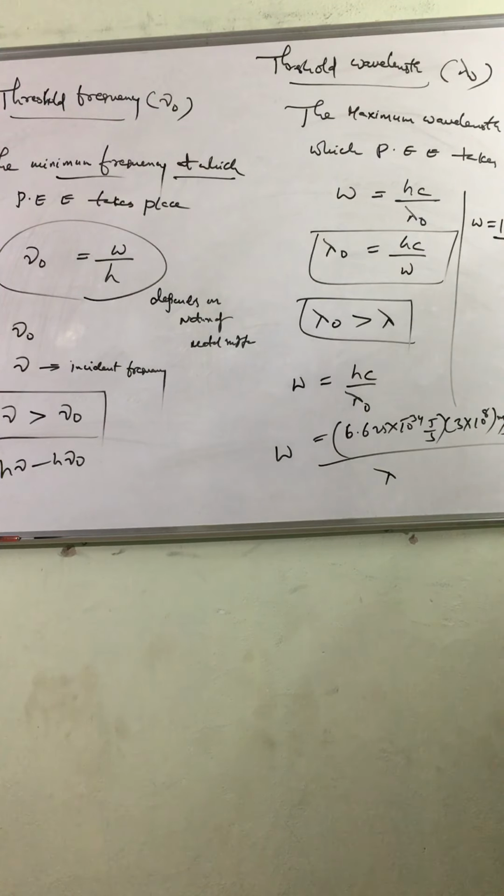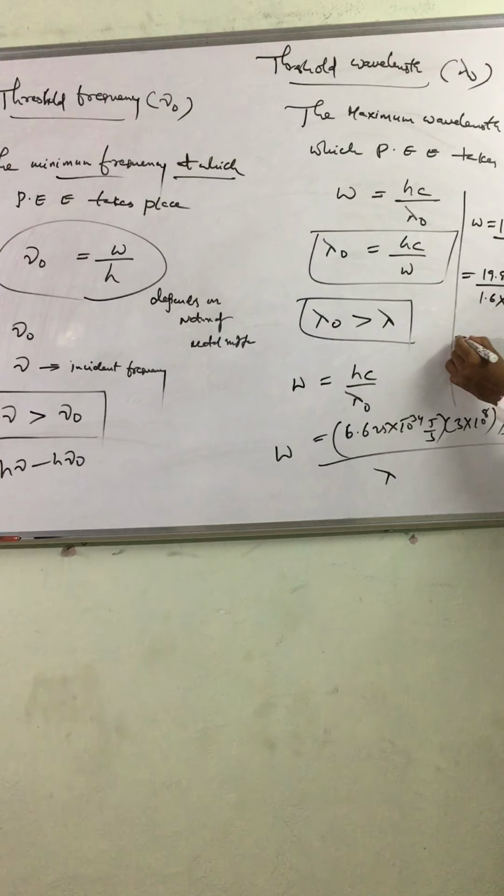We can write it in electron volt: 19.8 into 10 to the power of minus 26 divided by 1.6 into 10 to the power of minus 19. Up till now this is joule; it is in electron volt. This is 12.4 into 10 to the power of minus 7 electron volt meter by lambda naught.